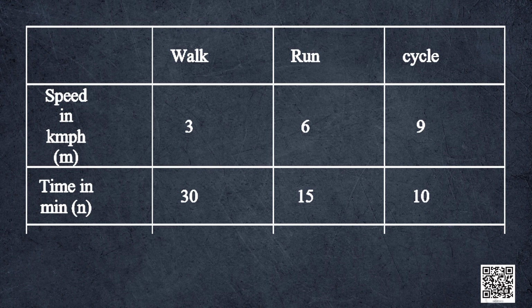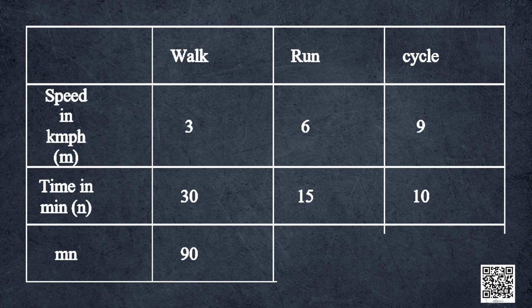Good. In the first column, it is 3 into 30, that is 90. In the second one, it is 6 into 15, again that is 90. And in the third one, it is 9 into 10, which is also equal to 90.